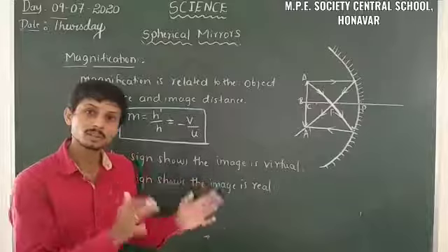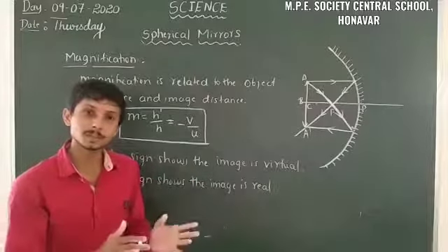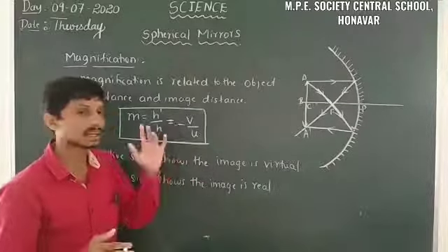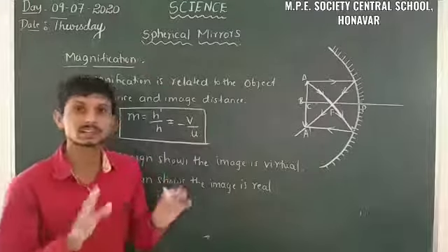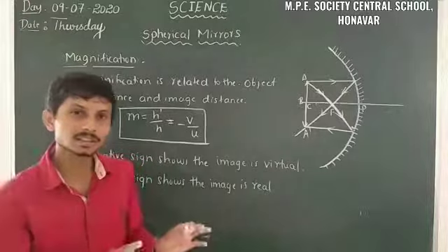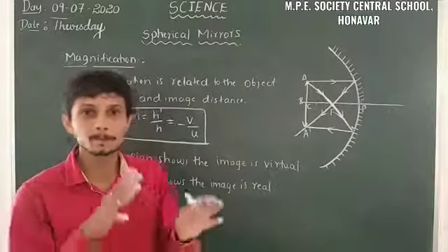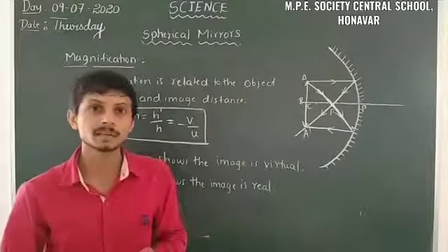So that's why we insert a negative sign in the magnification in relation with the object distance and image distance.